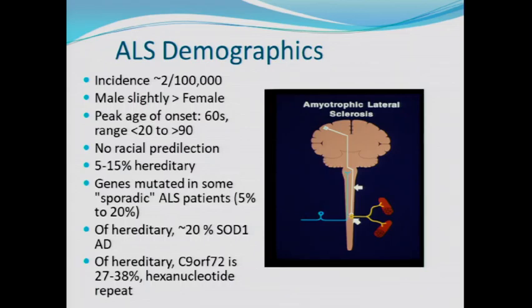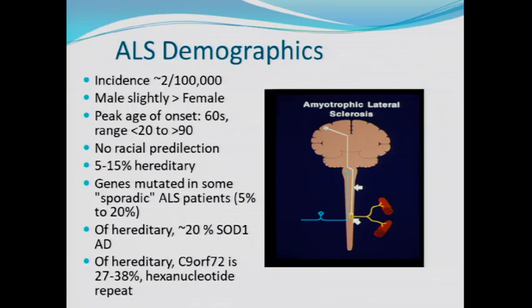And this is somewhat of a moving target, but a subset of the patients who have ALS have a hereditary reason for it, and some of the patients that have sporadic ALS, a subset of those, have a mutated gene that it's not exactly certain. But of the hereditary, the one really well-defined cause of ALS is the SOD1 gene mutation, and that's about 20%.